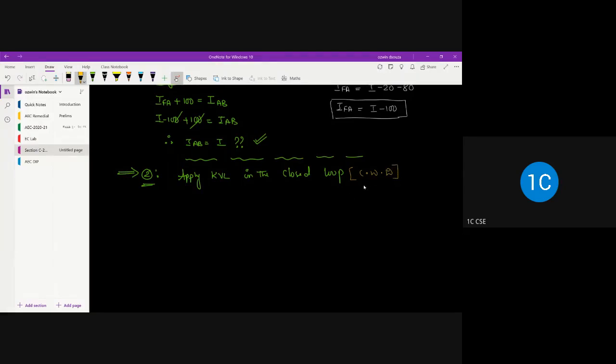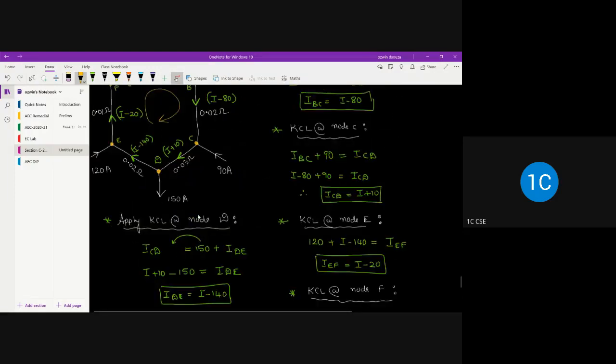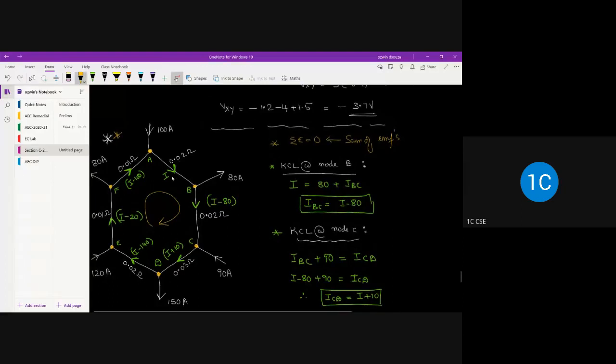Fine. Can you tell me? Just go with the branch current. So let's start from current I. So I into the resistance, then this current into resistance, this current into resistance, so on and so forth.